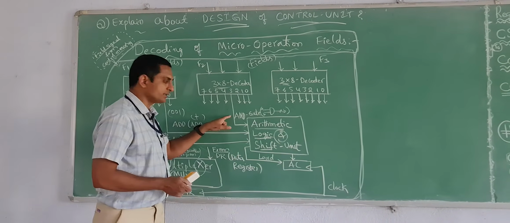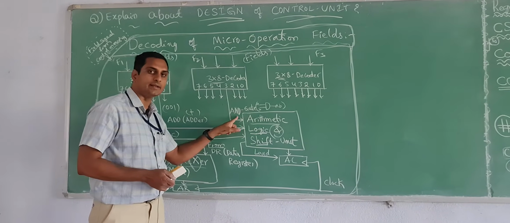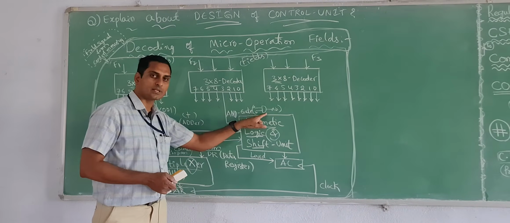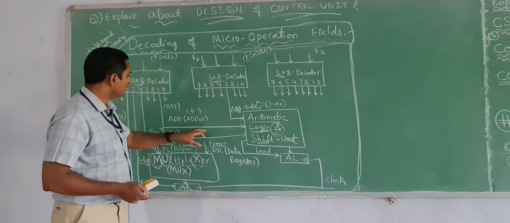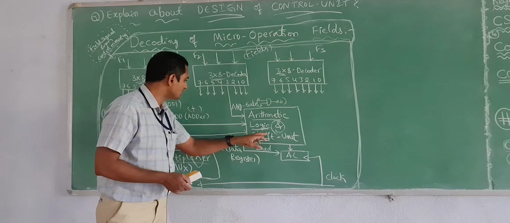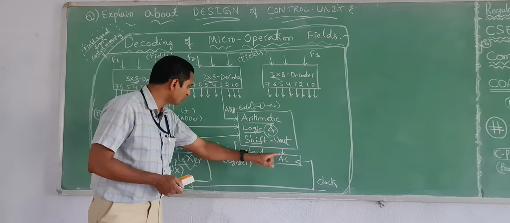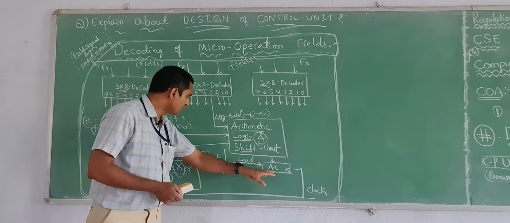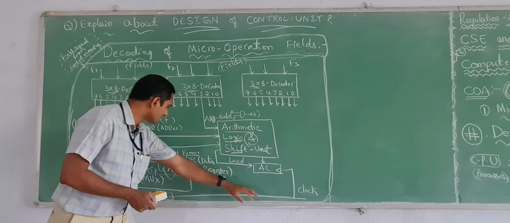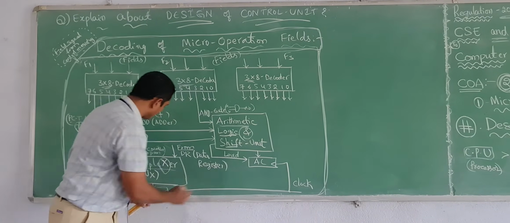The third bit enters the arithmetic logic circuit, which acts as an AND gate. You know this already, right? These three inputs enter the arithmetic logic shift unit, and it will release a load. That load and this output act into AC, the accumulator, as I told you in the previous video. The clock pulse is shown here, and in this clock pulse it will be activated.